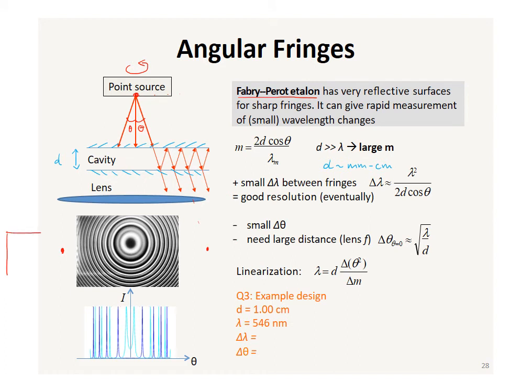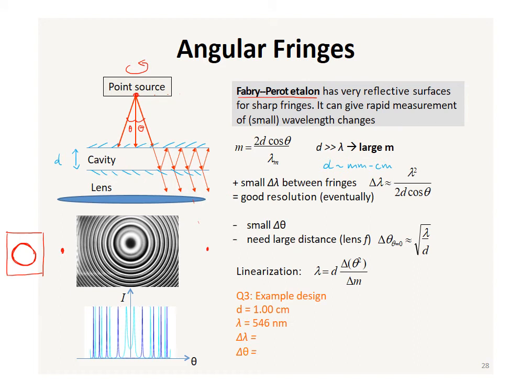So if we look in the focal plane of the lens, then instead of seeing just 2 bright spots, we will see a whole circle. And this results because all of those rays are incident on the cavity at the angle theta, and that circle has uniform irradiance.